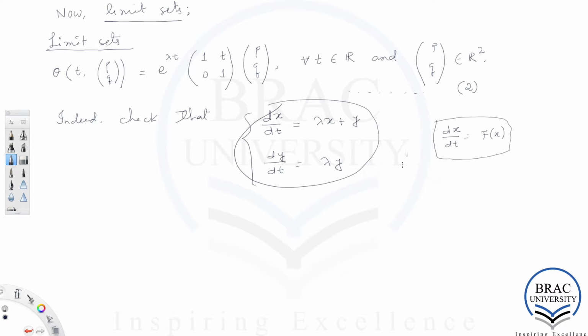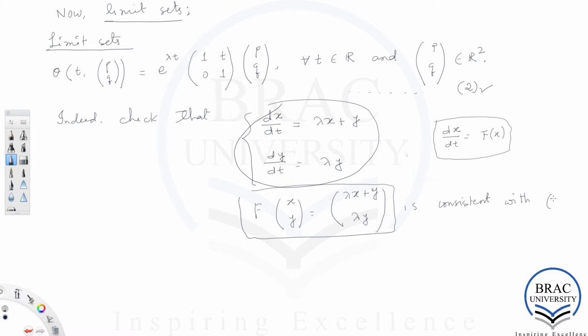So in this case, f of (x, y) is equal to (lambda x plus y, lambda y). I want you to verify that this is consistent with the definition of the flow map given in equation number 2.